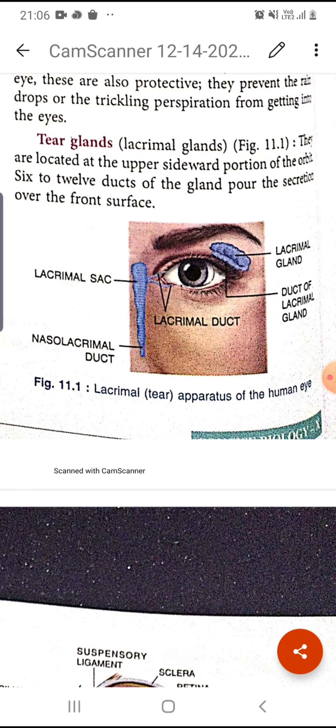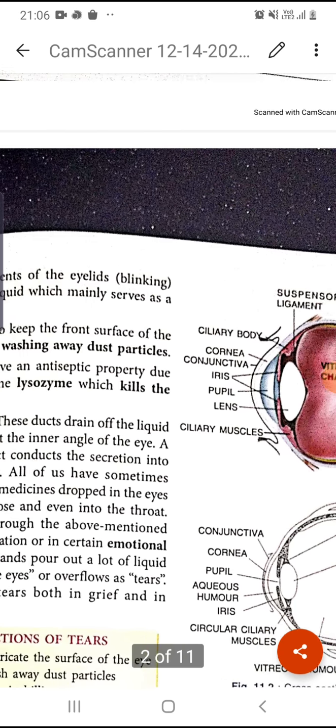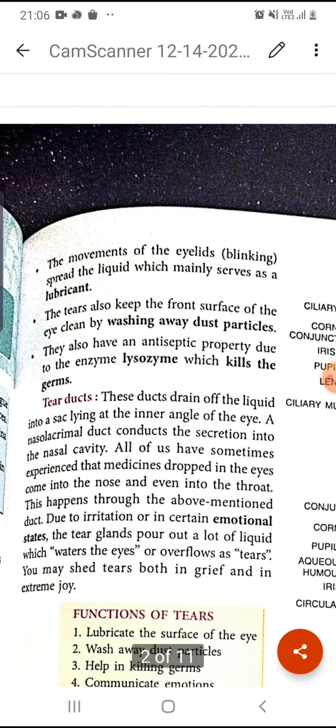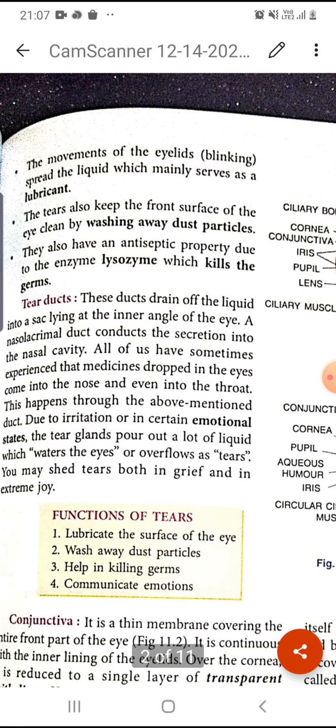Six to twelve ducts of the gland pour their secretion over our front surface whenever there is an emotional condition. The movement of eyelids spreads the liquid, which mainly serves as a lubricant, and tears keep our eyes clean and wash away all the dust particles.